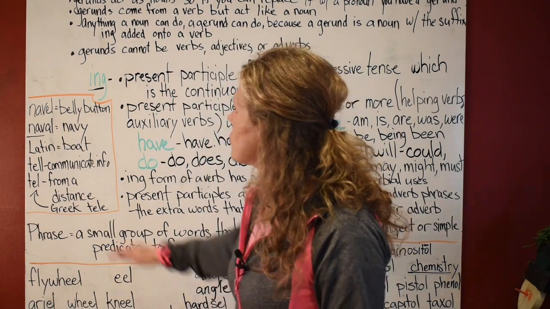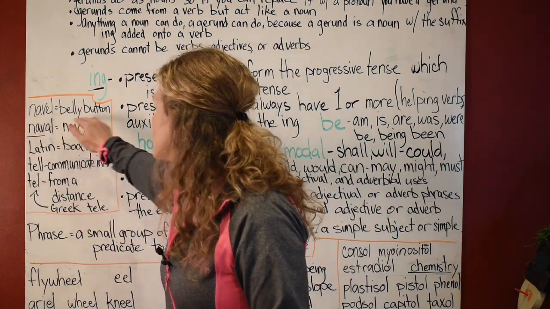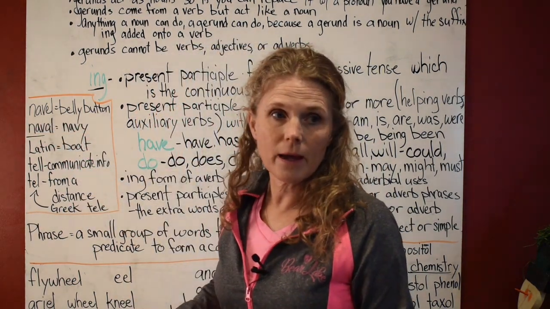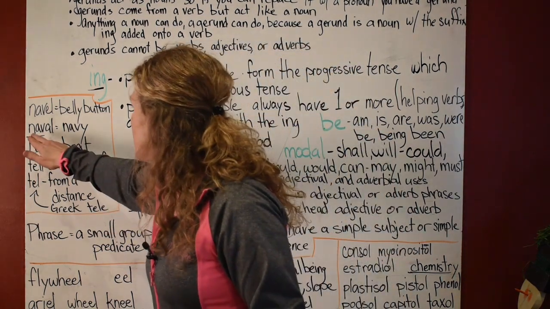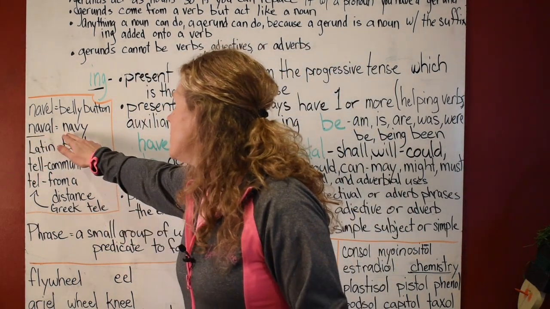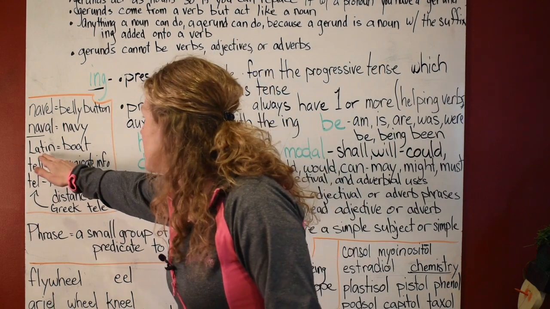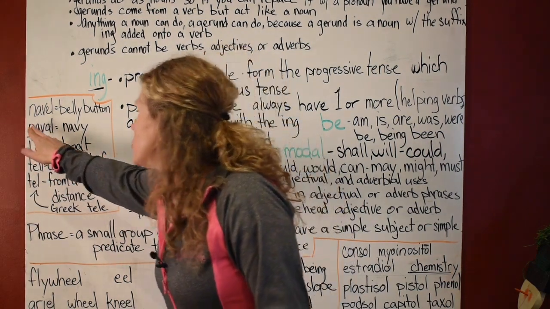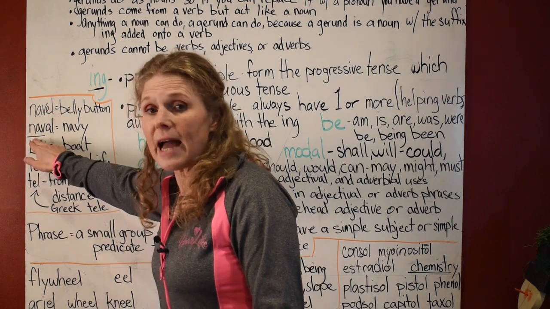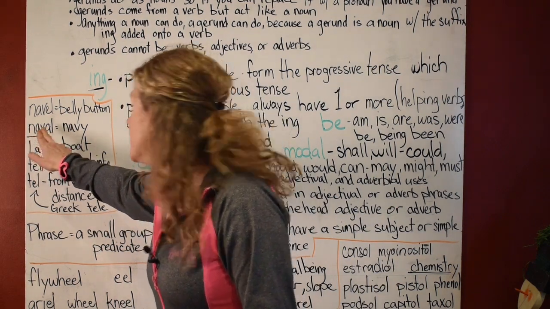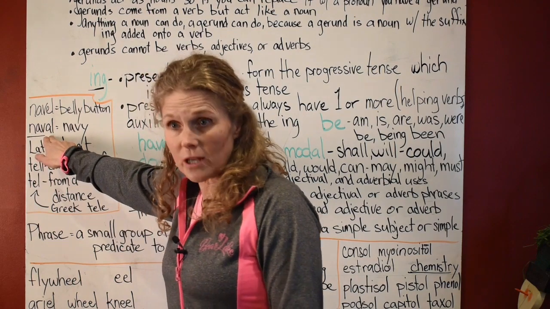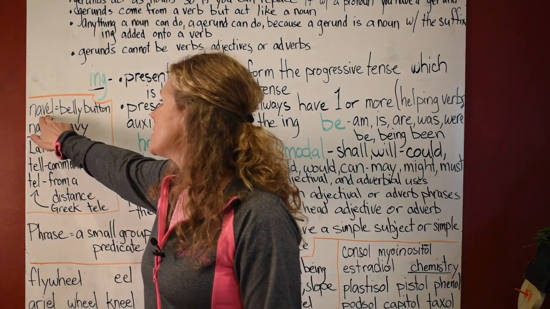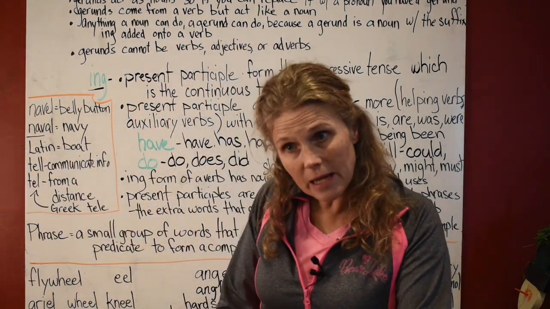Okay? So navel equals belly button. Okay? So that's your belly button. And naval means navy. But the Latin root, NAV, means boat. So here we know that this is the Latin root because it has your suffix. But this one doesn't, so this is not the root. Does that make sense?